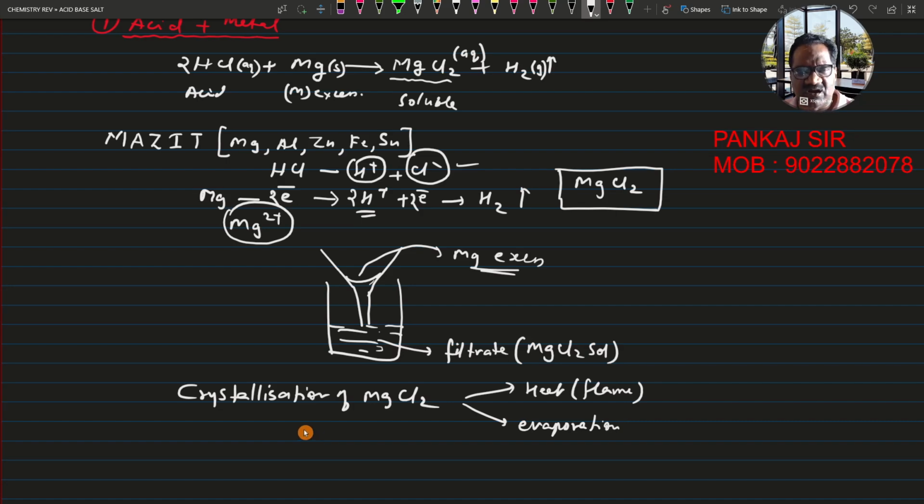Now how will we come to know that crystallization has started? After heating or after evaporating this MgCl2 solution for some time, you dip a glass rod into that solution. If you see that certain crystals have started accumulating on the glass rod, that means the crystallization has already started.